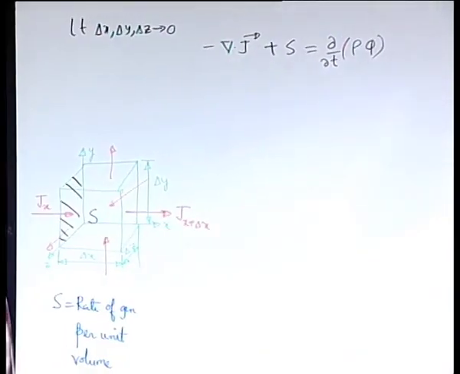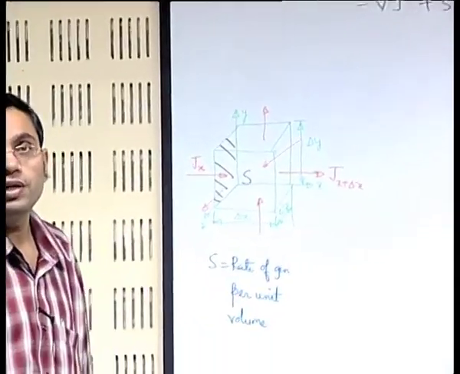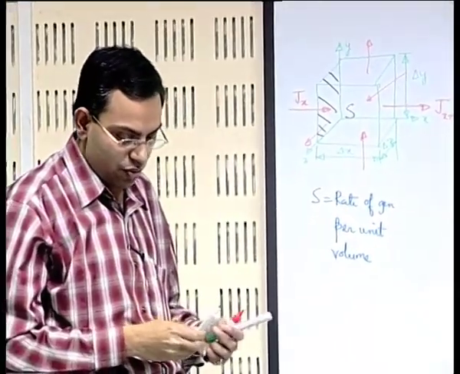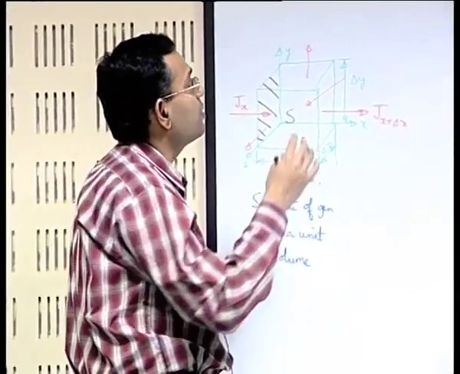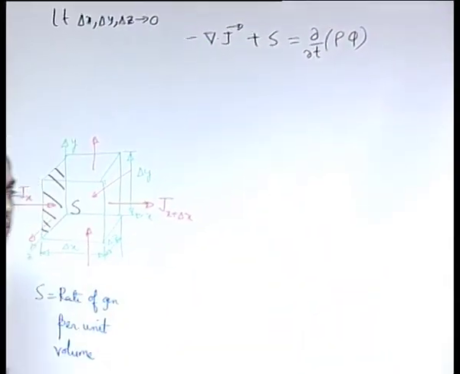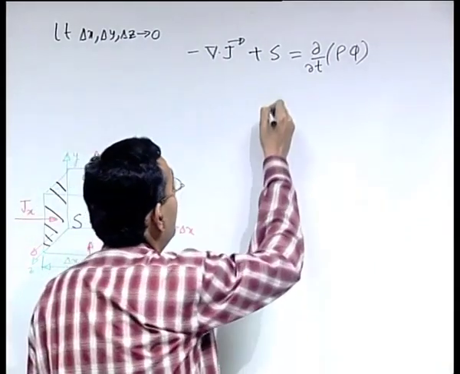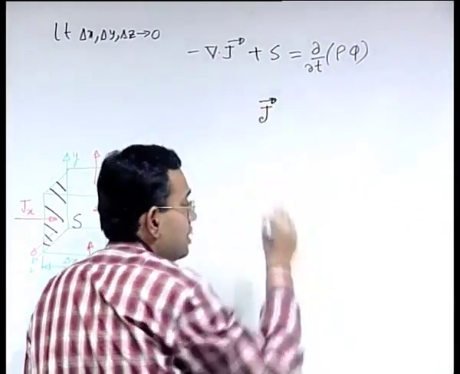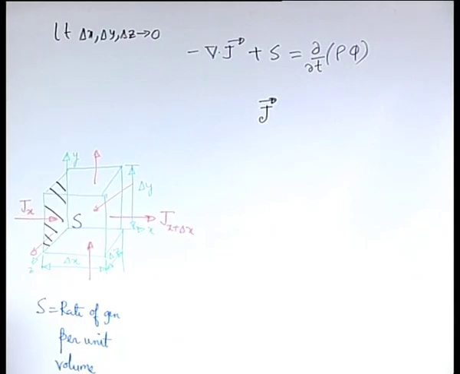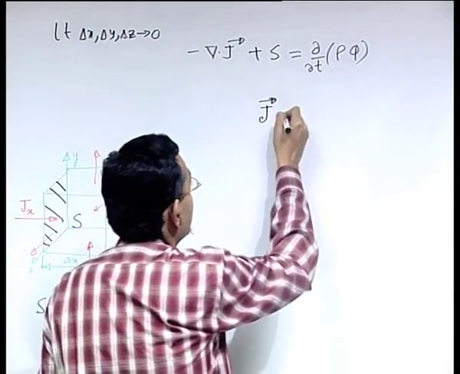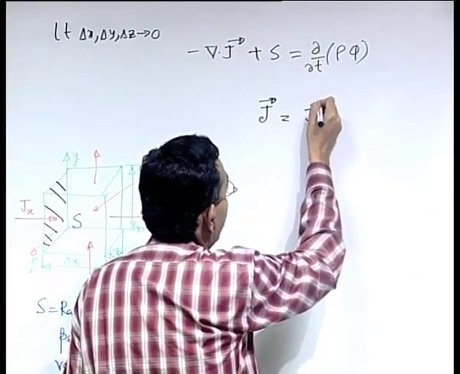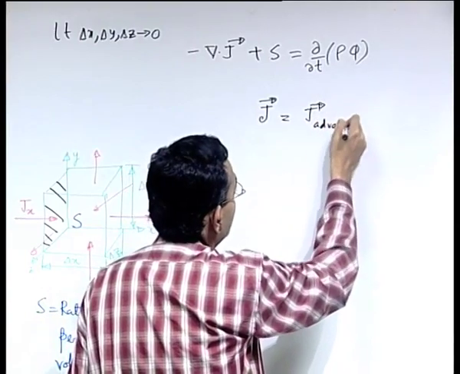But the mechanism of the transport of the flux is important, and let us see how we can incorporate that in this particular equation. So, when we say J, to be more physical in the transport phenomena problems that we are considering, J will be the sum of J advection and J diffusion.